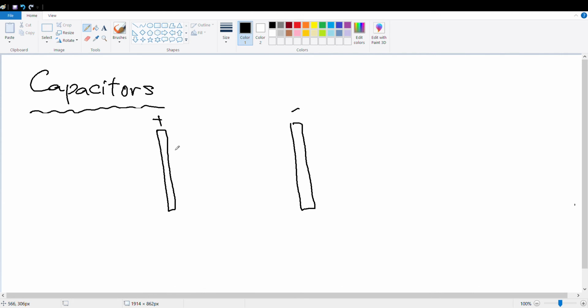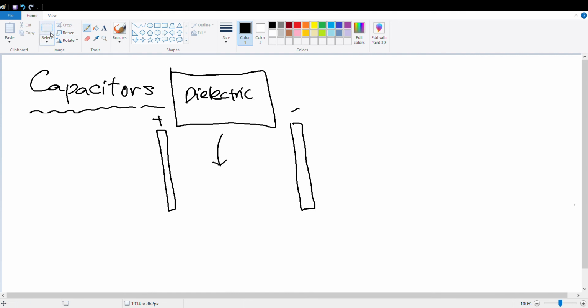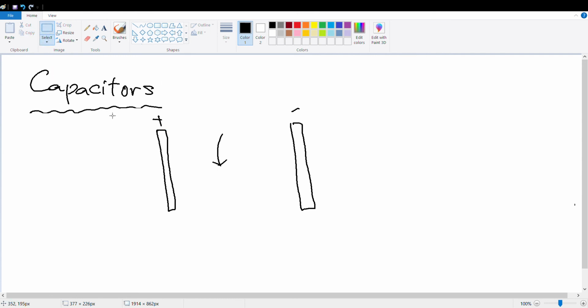In between these two plates, the dielectric is inserted. So this is the dielectric, which is inserted into this space.